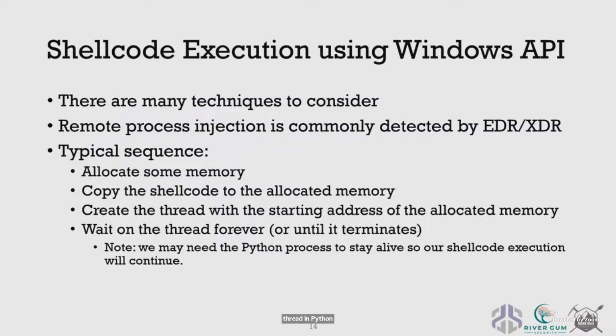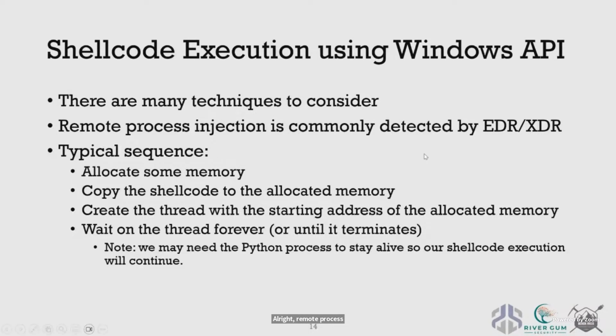Now let's zoom forward to the idea of executing shellcode in Python and the Windows API, right? There are many techniques that we can consider when we execute shellcode, right?